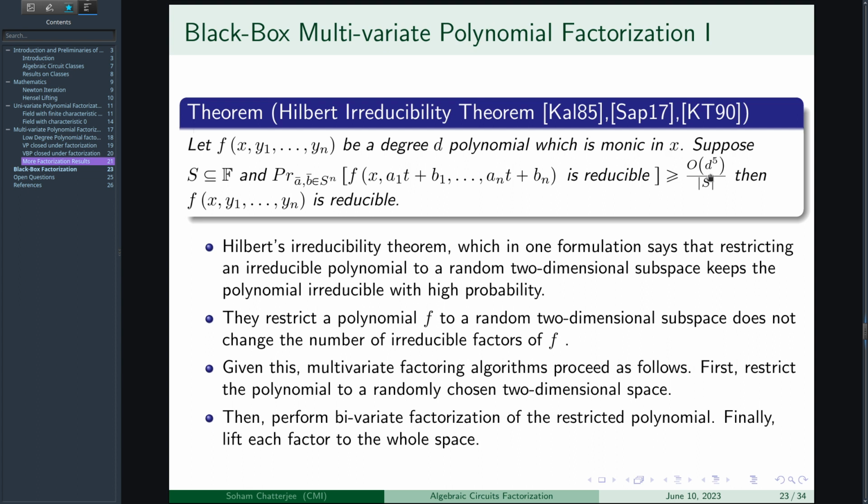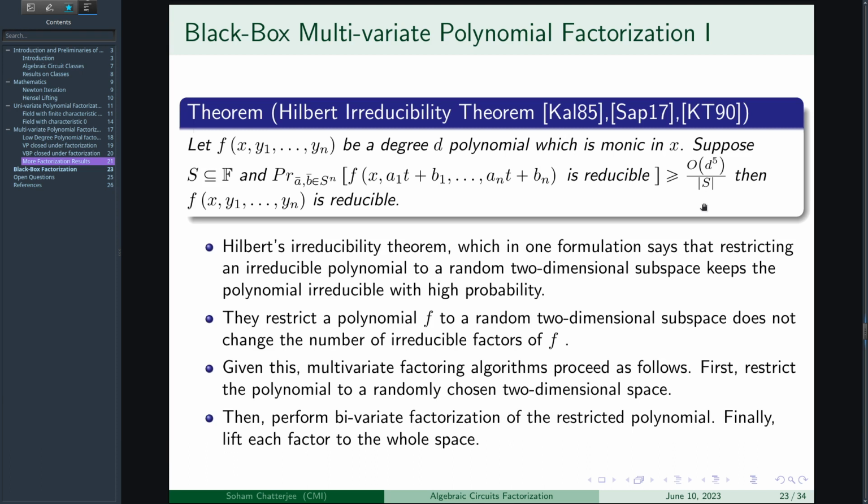You can see here O of d to the power 5 by the cardinality of S. So basically, if I randomly project to a two-dimensional space, the number of irreducible factors remains the same with high probability.